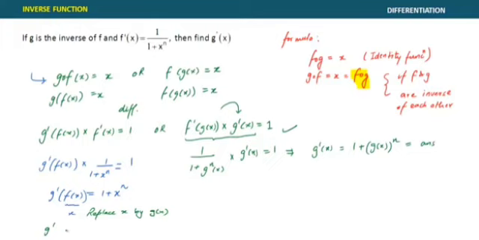So this becomes g dash f of gx is equal to 1 plus gx raised to power n, and this entire quantity f of gx, since they are inverse of each other, becomes g dash x. So g dash x again comes out to be the same as this particular answer.